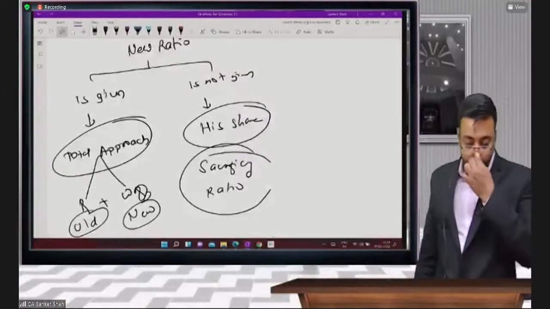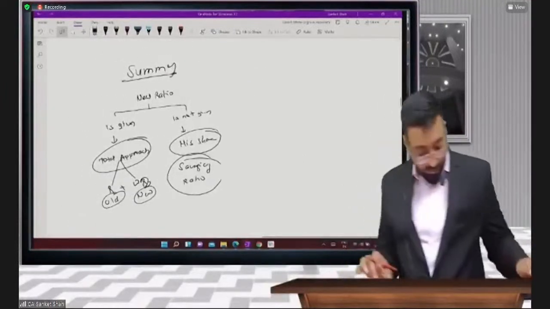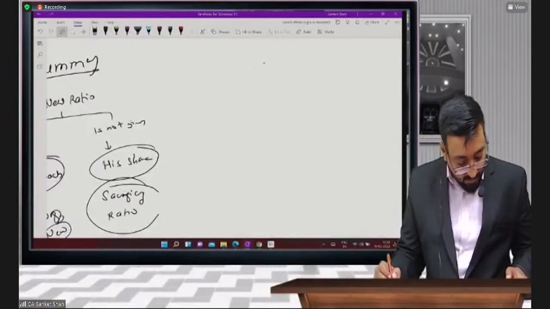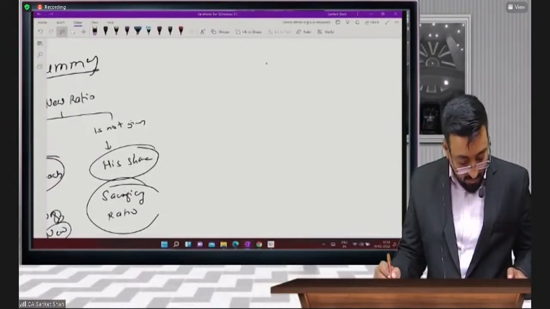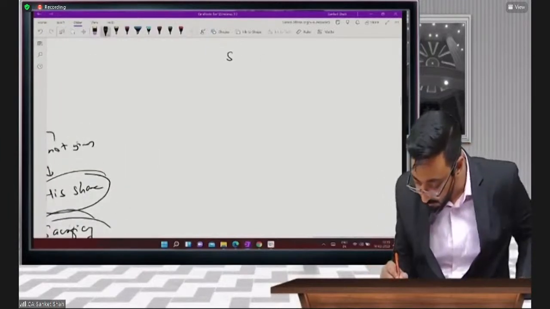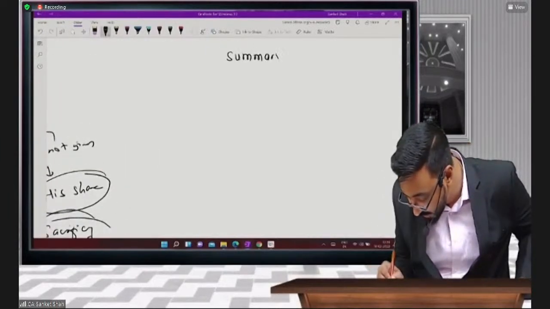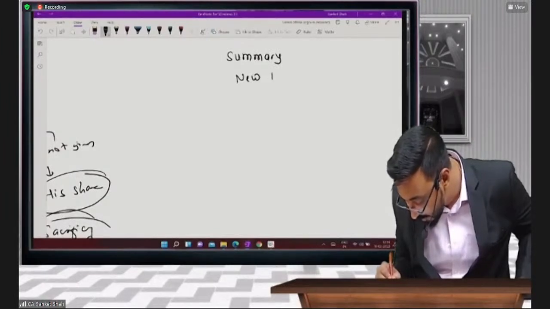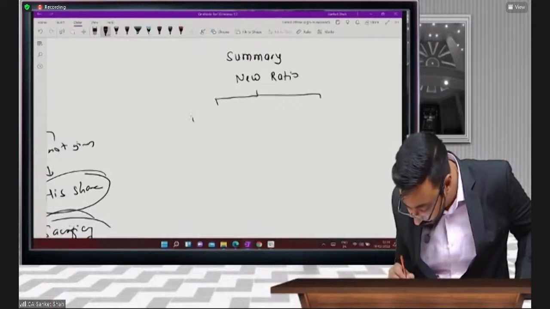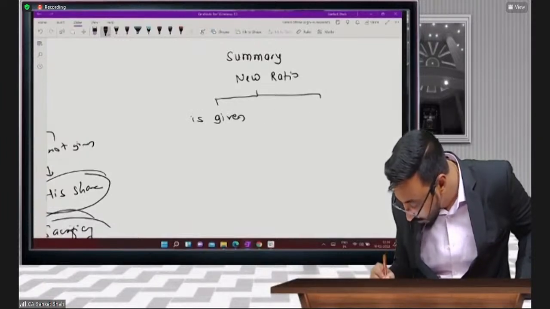One more time. New ratio is given. Yes, beta. Once you understood, both options are correct. Yes, Misha Mehta is saying, sir, both options are correct. Very good, beta. Summary. Understand. What is the summary? New ratio is given, not given.